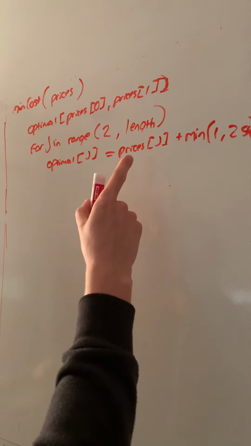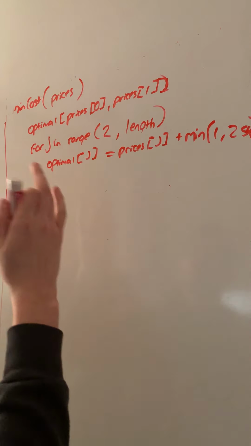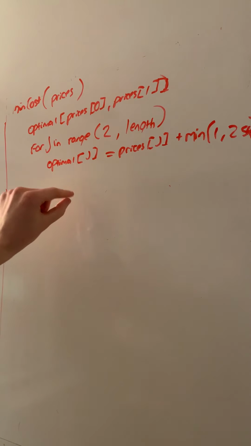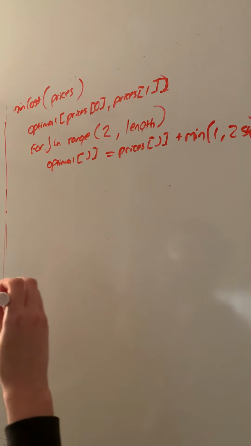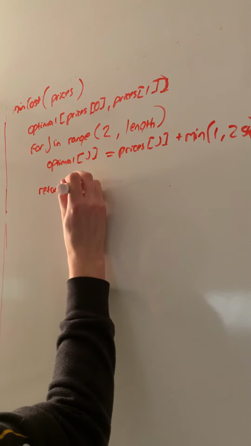Finally, this will have iterated over it and have calculated at each step of our optimal array, so we would know the optimal value. But since we wanted of the overall prices to reach the end step, we would return the last value of optimal.